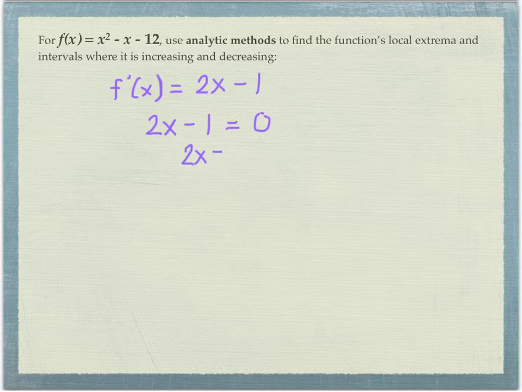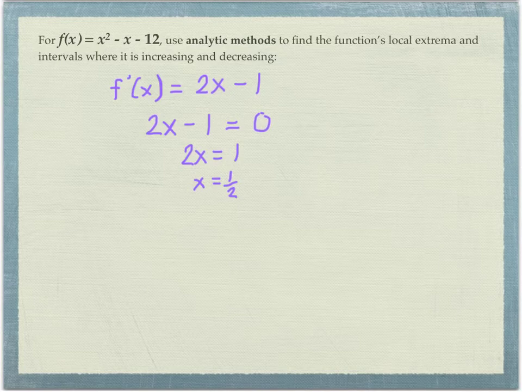So in this case, I get 2x equals 1 and x equals 1/2. If we picture the graph of the derivative, it's going to cross the x-axis at x equals 1/2. So when x is less than 1/2, something's going to happen; when it's greater than 1/2, something else is going to happen. And that's where my increasing and decreasing is going to occur.